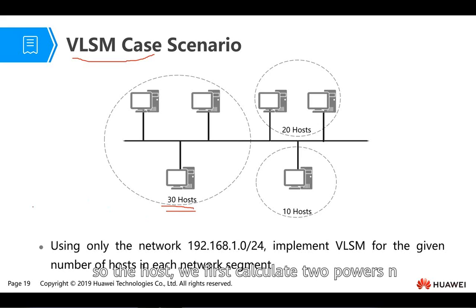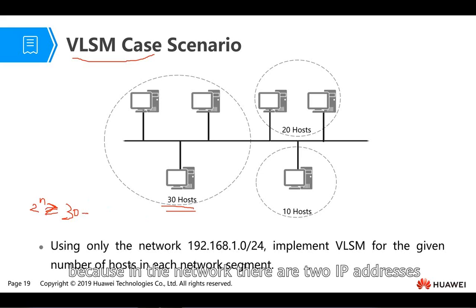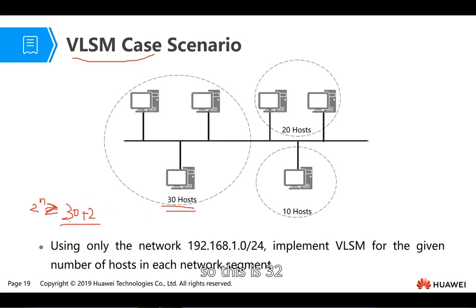We first calculate 2 to the power of n should be greater than or equal to 30 plus 2, because in the network there are 2 IP addresses that cannot be used, all 0 and all ones. So this is 32, and 32 equals 2 to the power of 5.